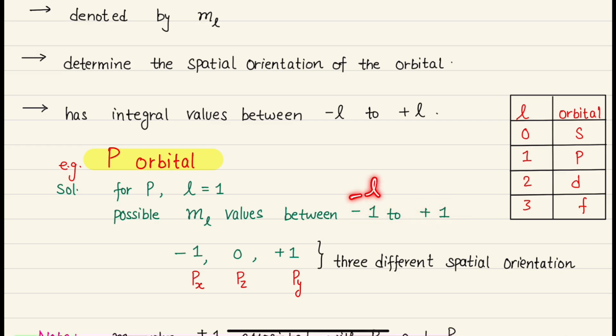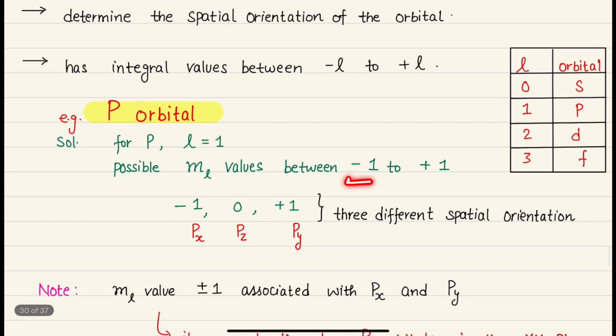Between minus 1 and plus 1 we have three integer values: minus 1, 0, and plus 1. So three different spatial orientations are possible for the p orbital.